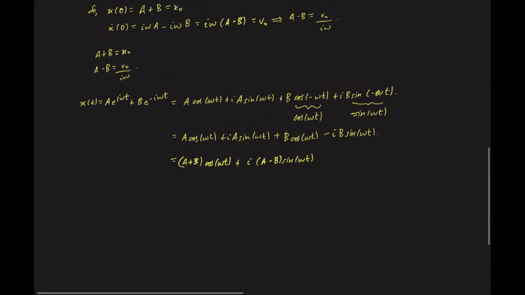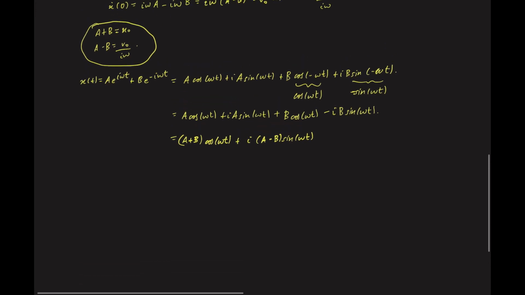Now, we know from these two equations the relations between A plus B and x naught, and A minus B and v naught over i omega. Because A plus B is x naught, this is just x naught cosine omega t plus i times v naught over i omega sine omega t.